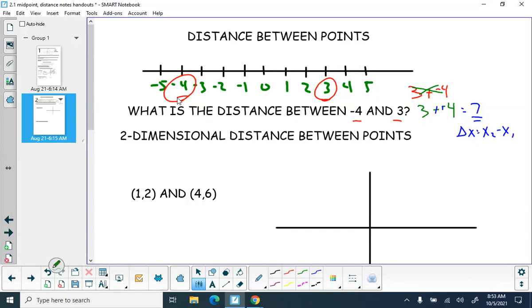So if I subtract my two values, I can come up with my distance between the two distinct points. Now, what we could do with that is we can look at also the absolute value of the subtraction of the two values.